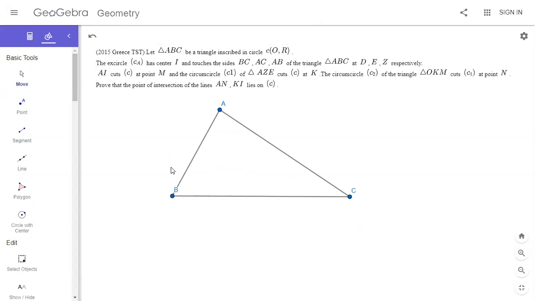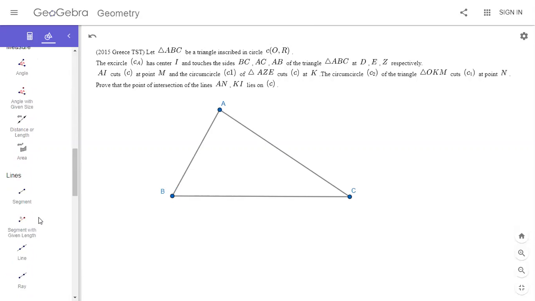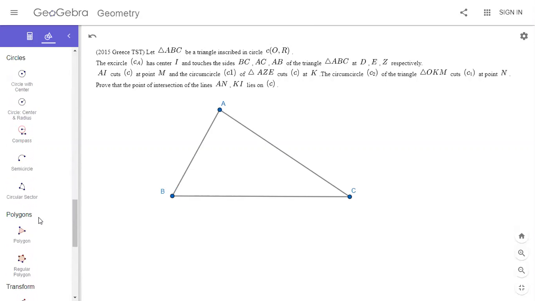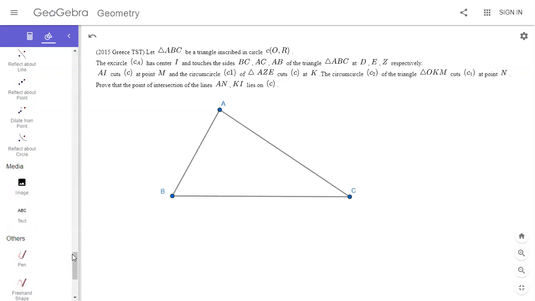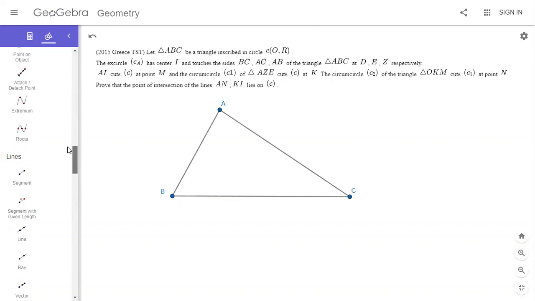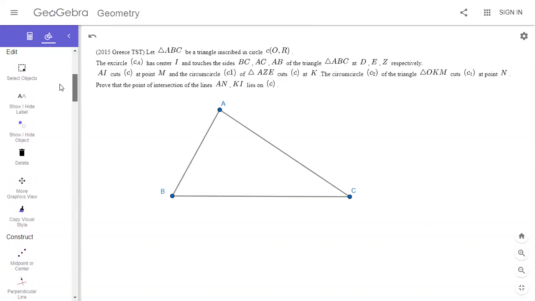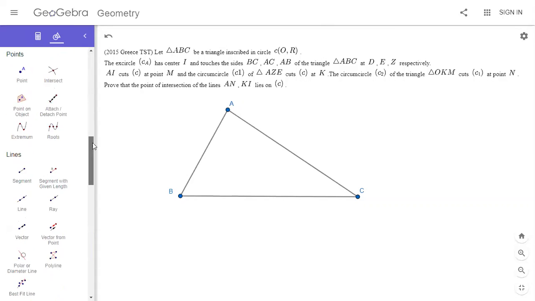The excircle CA, it touches, let's see. How do I do rays? A ray. It's another ray.